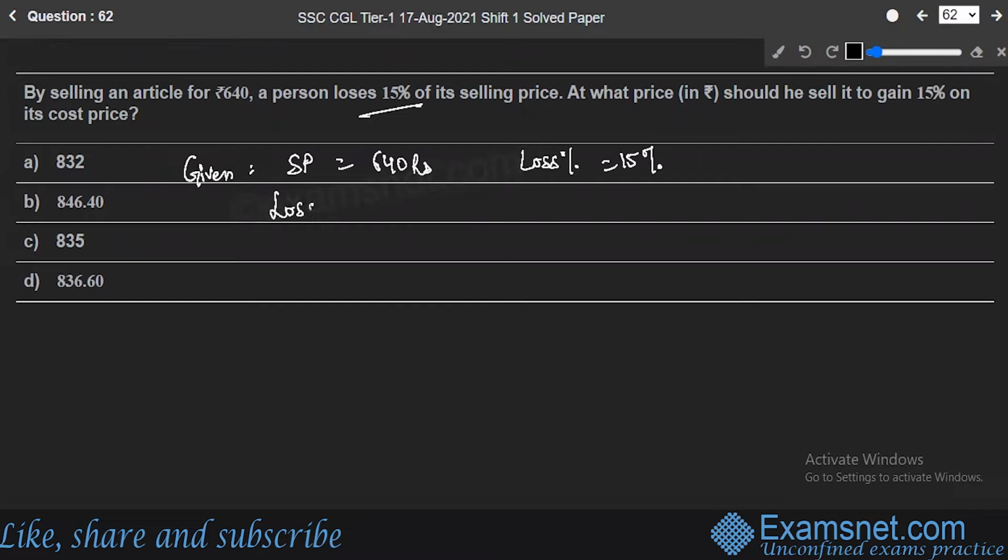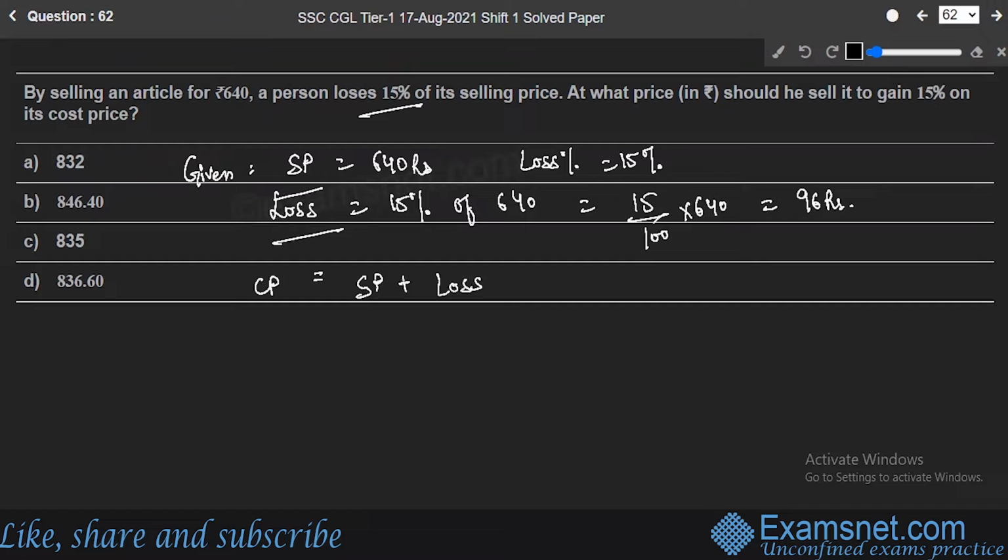So loss is 15% of 640, that is 15 upon 100 into 640, which is equal to 96 rupees. If the selling price is 640, there is a loss of 96 rupees, then obviously the cost price will be selling price plus loss, that is 640 plus 96, which is equal to 736 rupees. This is the cost price.